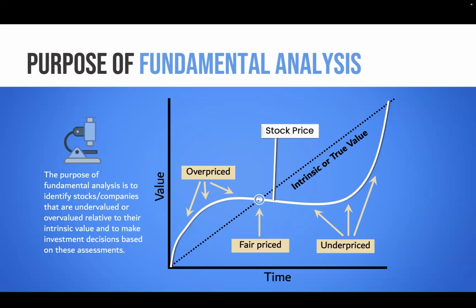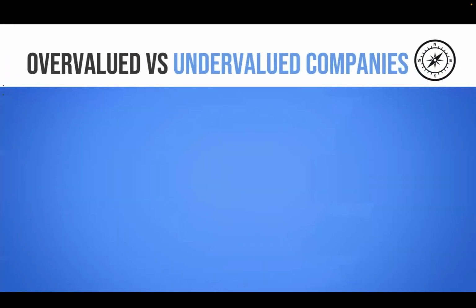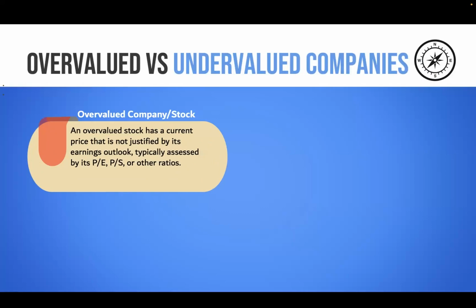But the problem is we don't know the intrinsic value. What is that middle diagonal line, right? So the question is overvalued versus undervalued companies. Again, for an overvalued stock, the price is not justified because we look at the financial data, earnings outlook, the ratios, and we can say, yeah, this company is too high.